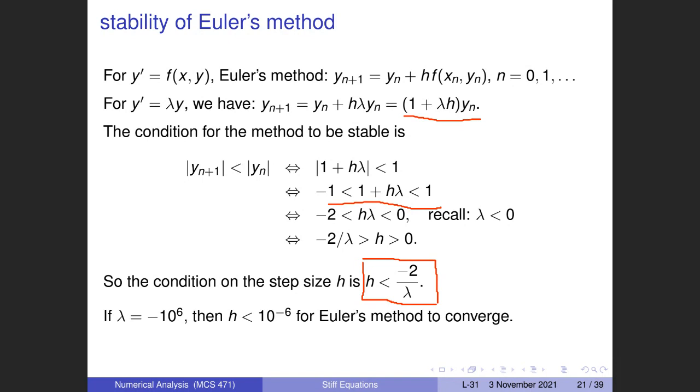So if you take lambda minus 10 to the power minus 6, then your step size, you also need 1 million function evaluations. Otherwise, you will diverge. I mean, you will not even converge anymore. So forget about having any accuracy. So that's quite dramatic here.